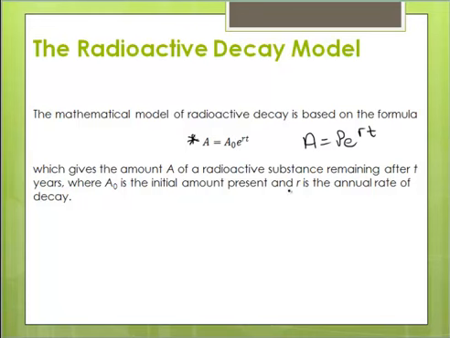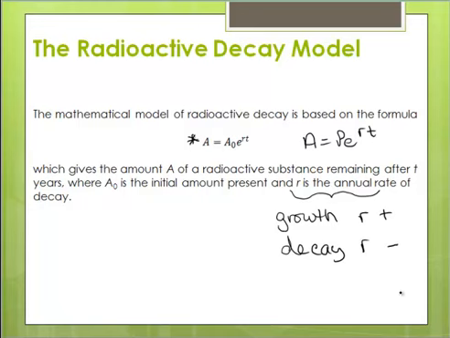The difference is right here. If it is a growth problem, then R is positive. If it is a decay problem, it's decreasing, right? So the rate will be negative. So that's the difference.